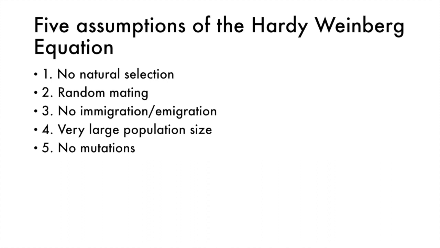Fourth condition is that really, to make it work, you had to have an infinitely large population size, but that's not mathematically possible. So we'll just say you have to have a very, very large population size in order to make this work. And that doesn't always happen. And the fifth is that you couldn't have any new alleles.